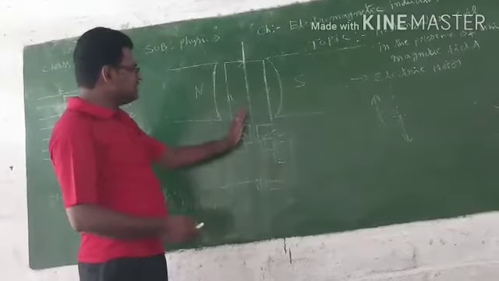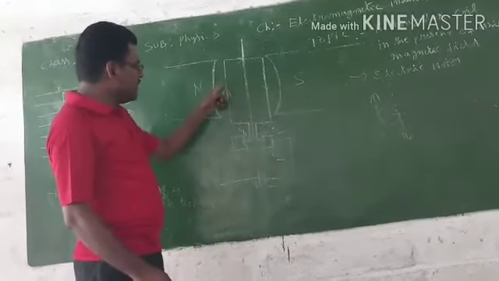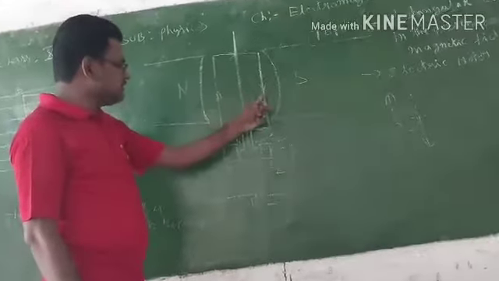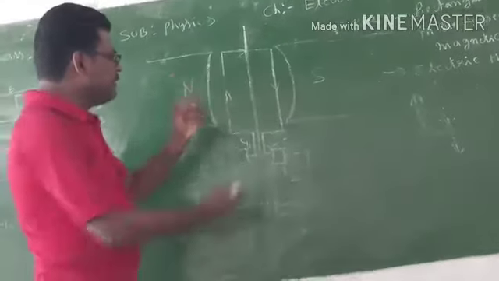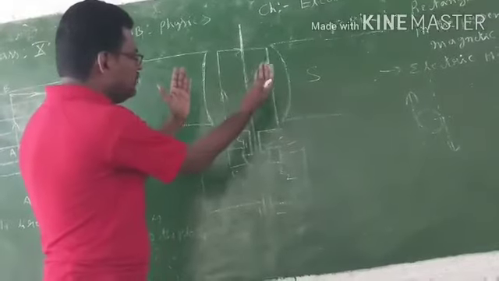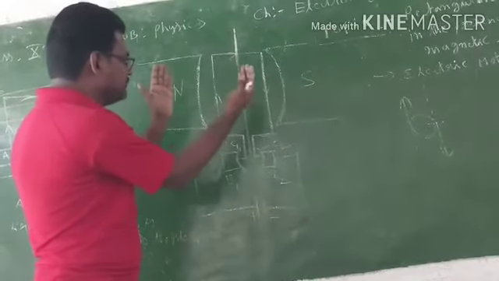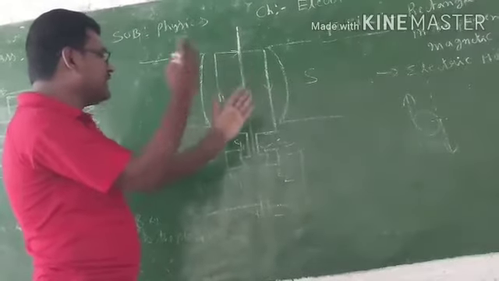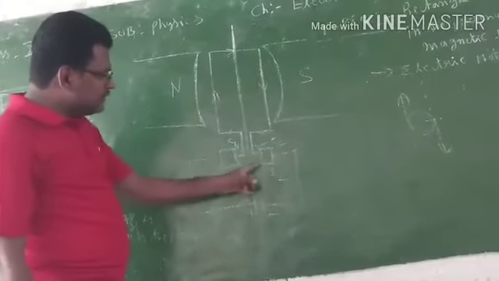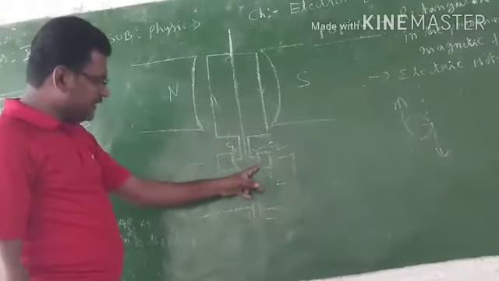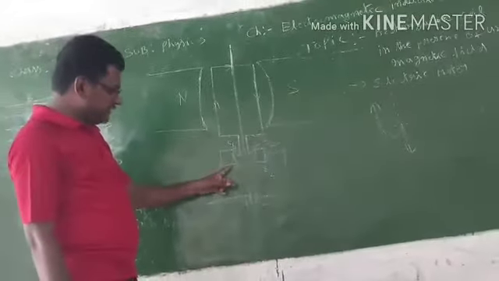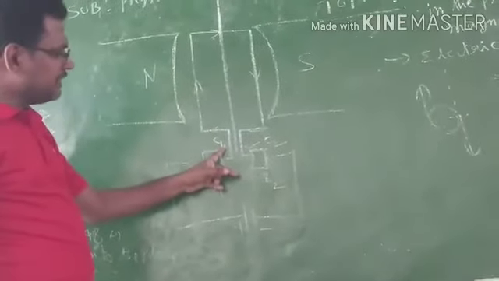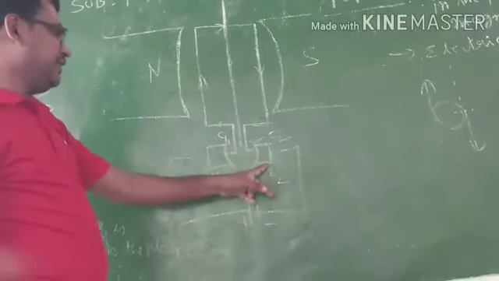In this case, the force acting on this wire is into the plane, and the force acting on this one is out of the plane. Because of these two equal and opposite forces, the coil rotates. After the half rotation, this half slip ring comes in touch with the brush B1, and this half slip ring comes in touch with the brush B2.